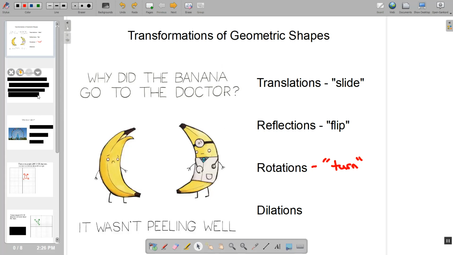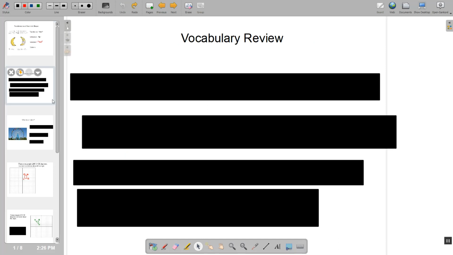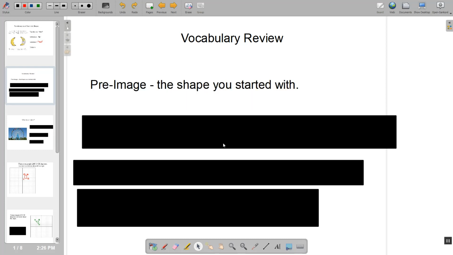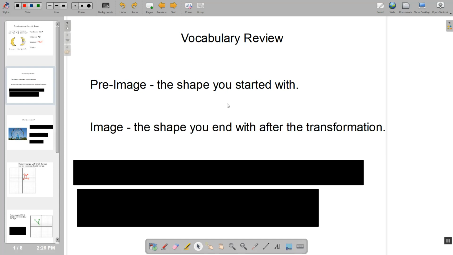But I will tell you, of the topics that we cover, this is the one that you probably see the most out in the real world. As a quick reminder of the vocabulary that we've talked about a lot in this unit so far, pre-image is the shape that you start with or are given. The image is the shape that you end with after the transformations.